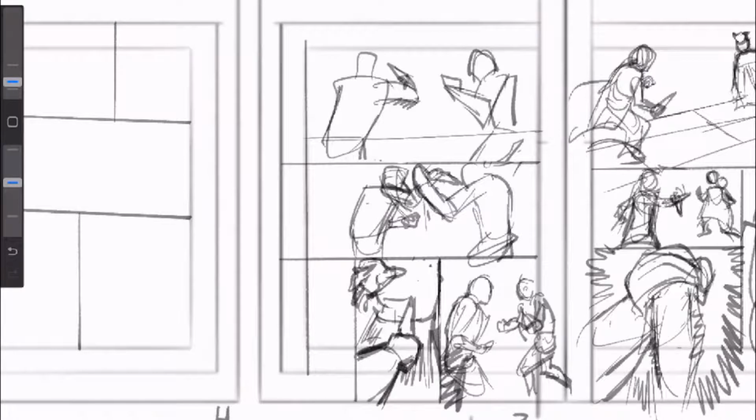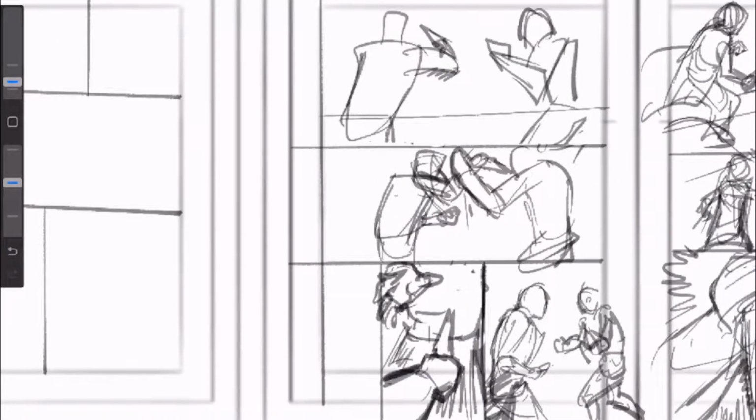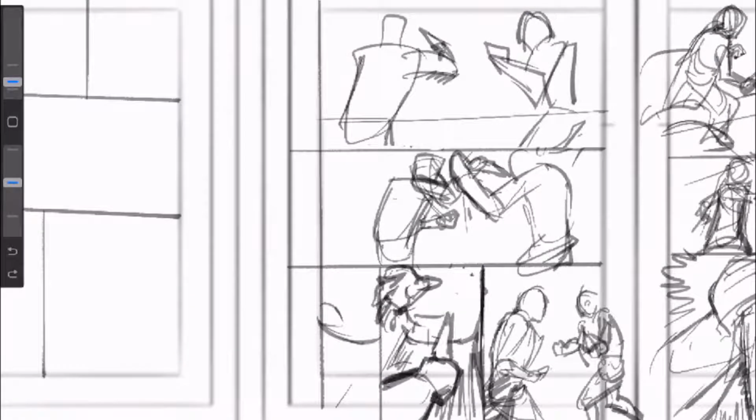Those really skewed angles where, let me see.